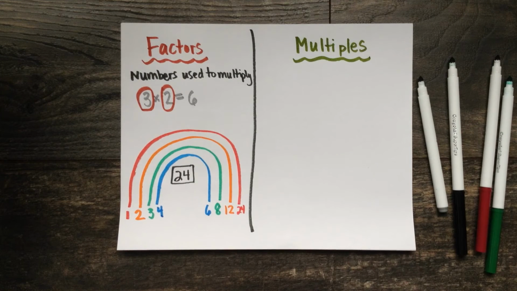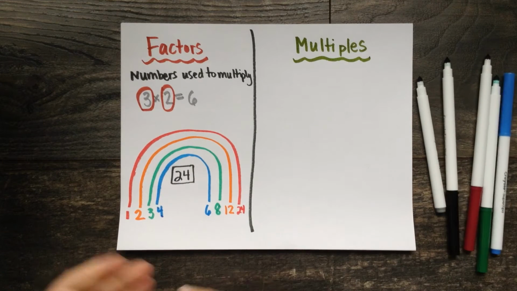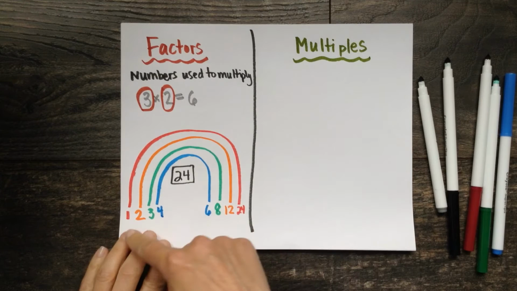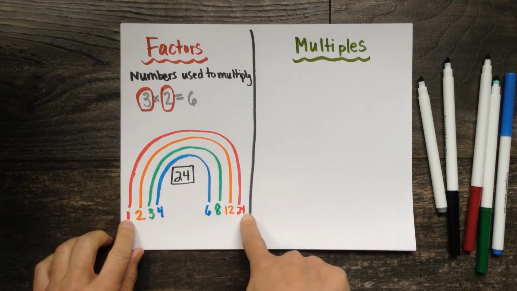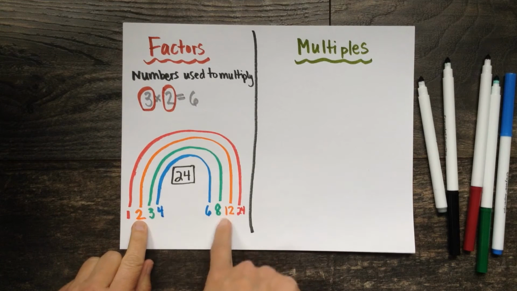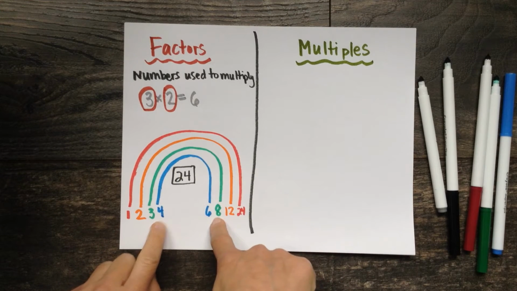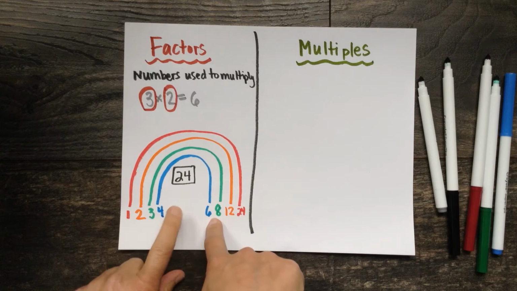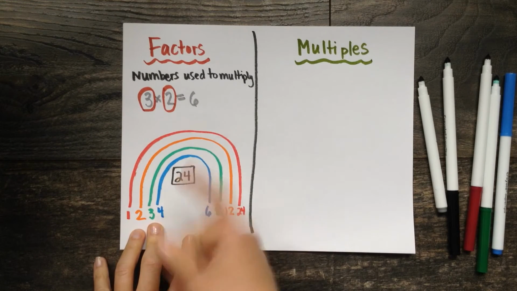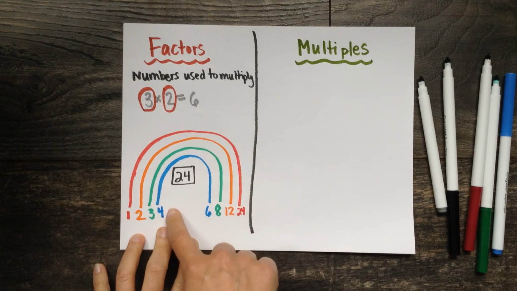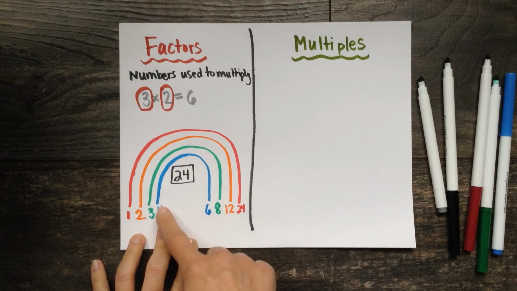Okay? A factor rainbow is great because it helps me to know when I have all my factors and when I can stop. If I put them in order like I did here, I have 1 times 24, 2 times 12, 3 times 8, 4 times 6. The only thing I can go further with is 5, and I know that 5 is not a factor of 24 because there is nothing that I can multiply by 5 to get to 24.